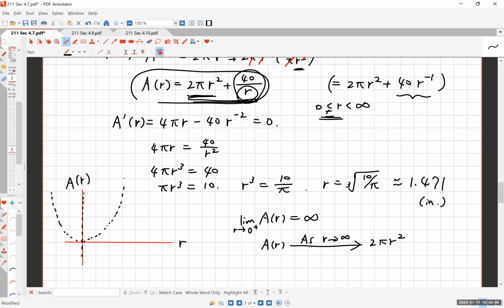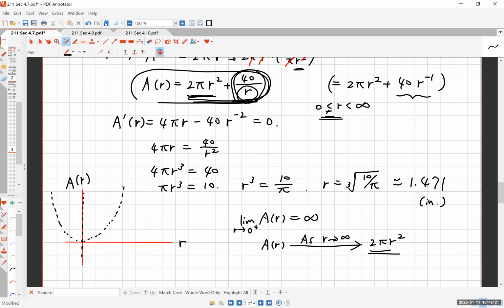Now, I don't know if it's fortunate or unfortunate, but it is a parabola. It's not a straight line. So this is not going to give you any sort of an asymptote, which has to be a line by definition. What happens is this term is going to be slightly bigger than 0 as r approaches infinity.